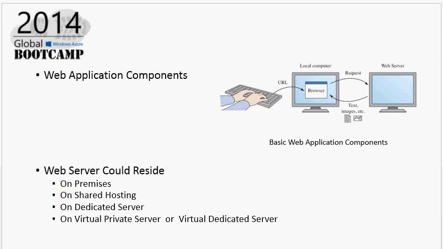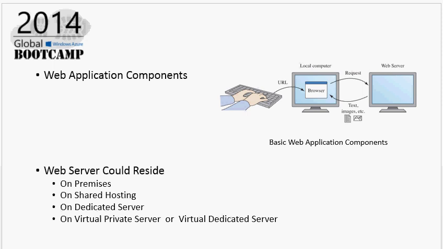Dedicated server and virtual private server are similar. The only difference is that in a dedicated server the entire computing power is available to you, whereas in a virtual private server you get access to a virtual machine which runs its own operating system, but the computational resources are shared among many virtual machines.